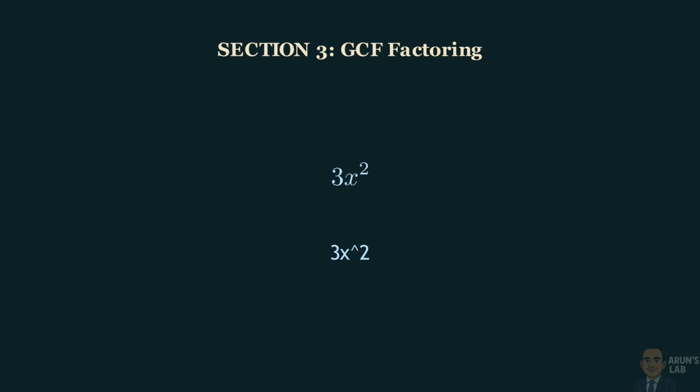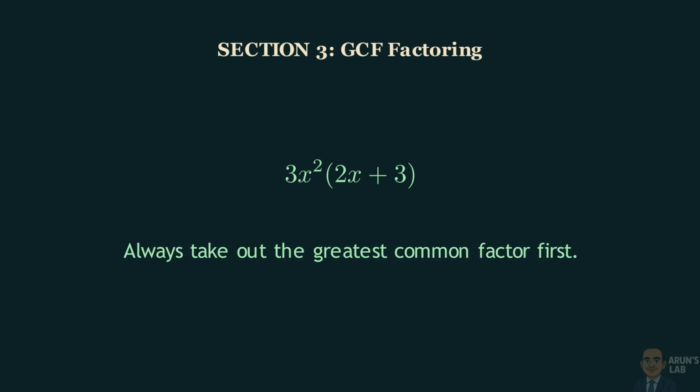Then we can write it in factor form. 3x^2 taken out from 6x^3 leaves 2x. Then 3x^2 taken out from 9x^2 leaves 3. So we can write 3x^2 times (2x + 3).